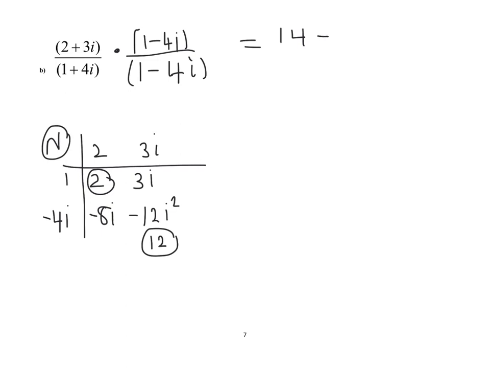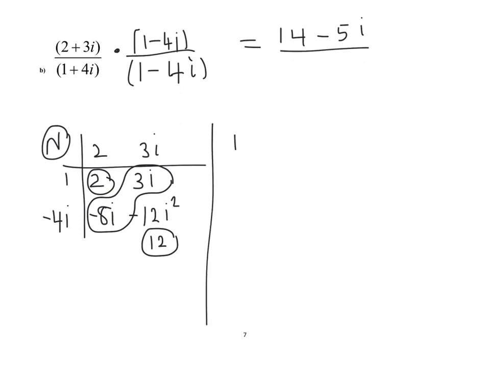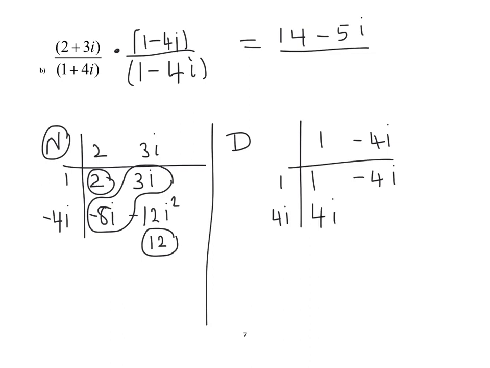When we combine these ones together, we get minus 5i, and then for the denominator, what do we get? 1 plus 4i over 1 minus 4i. See, one of them is minus, so we get 1, and this minus 4i, this is 4i, and then this is minus 16i squared.